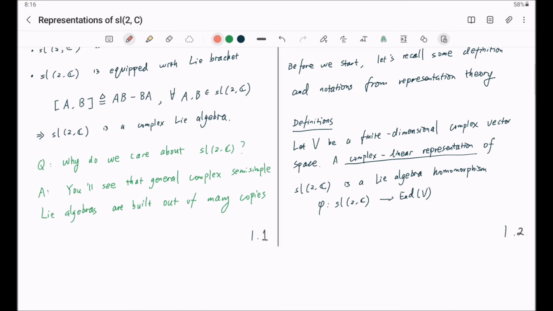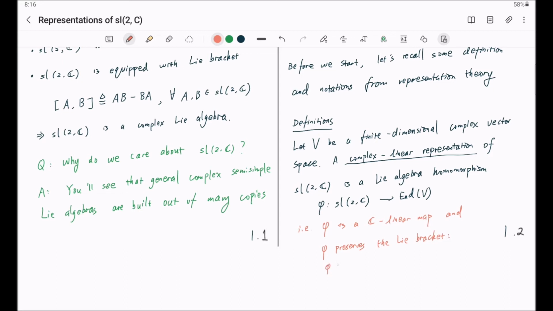What do I mean by this? This means first, phi is a C-linear map. And phi preserves the Lie bracket. What do I mean by this?